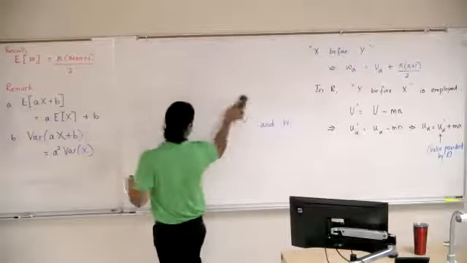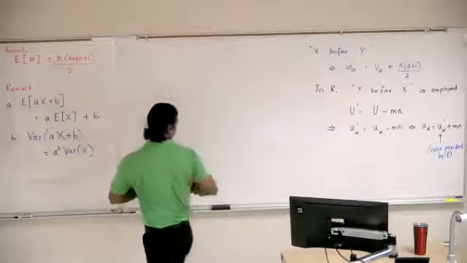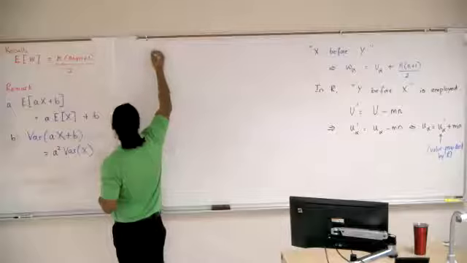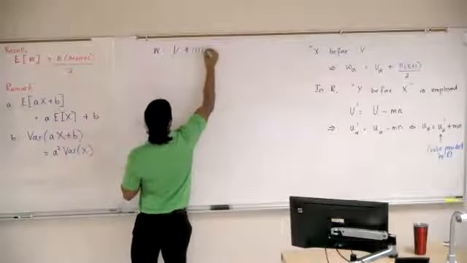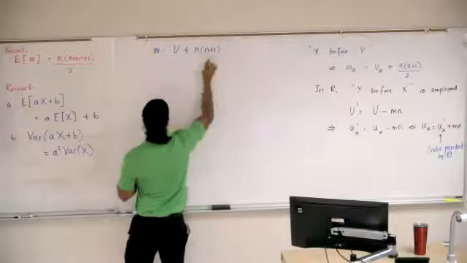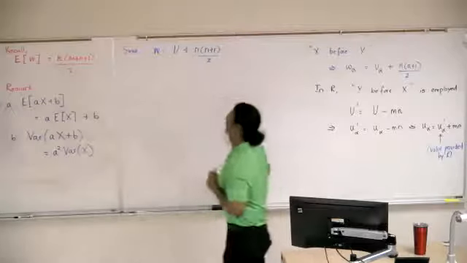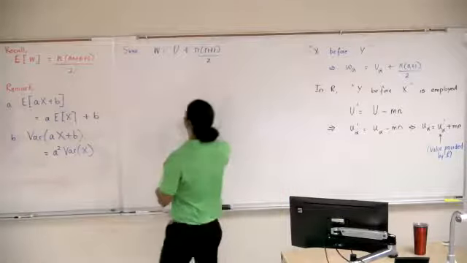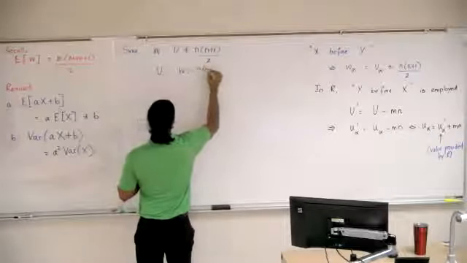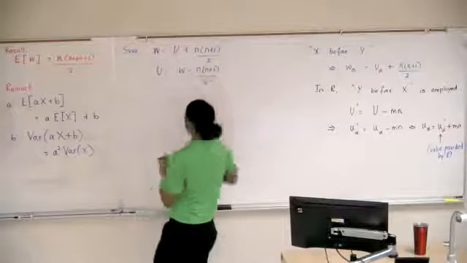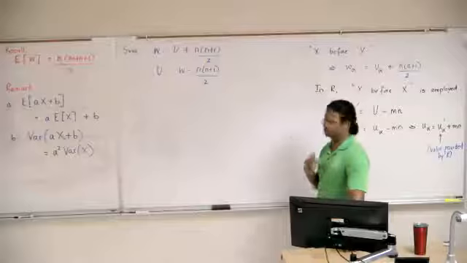So we know W is U plus N times N plus 1 over 2. U is W minus N times N plus 1 over 2.